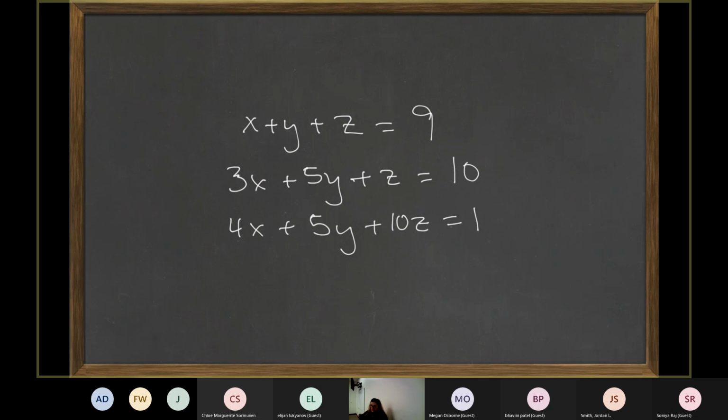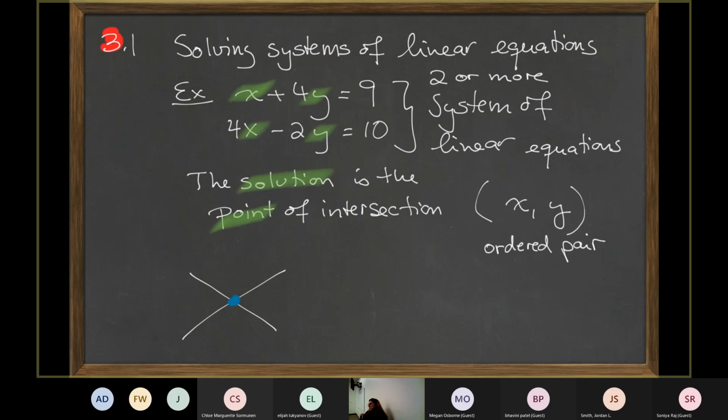Now, no worries. In intermediate algebra, you will not learn how to solve systems of linear equations with three variables. That's college algebra. For our purposes right now, we're only going to look at systems of linear equations with two variables, two equations.